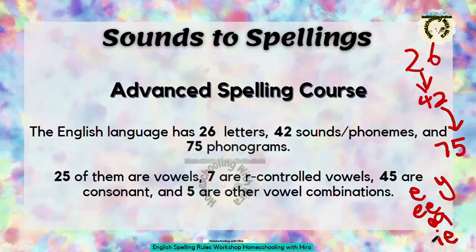This is why we are saying that there are 75 different ways to write these 42 sounds. At the starting, it might look a bit complex to you. Yeah, English is a complex language, but if you go in a systematic way, things are logical, they are understandable for you and for your students as well.